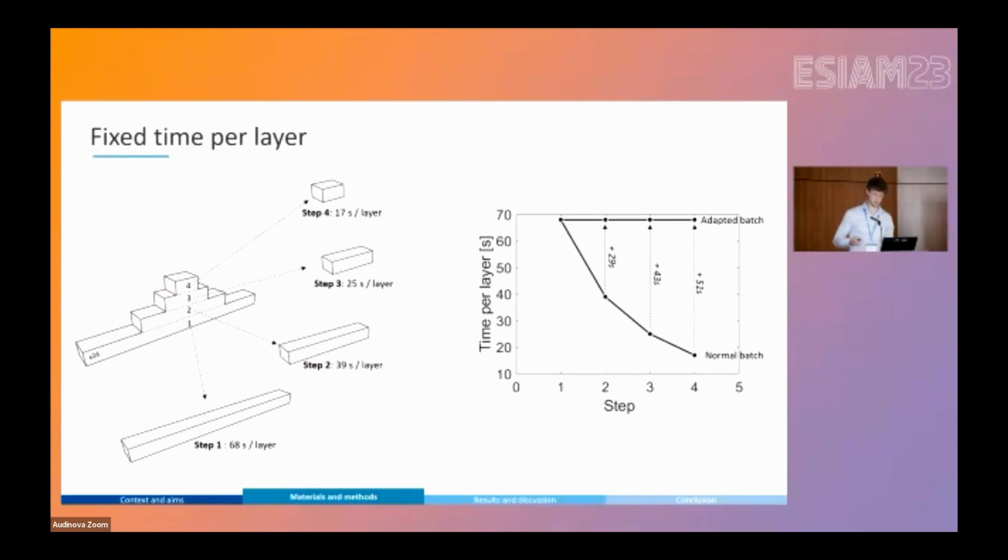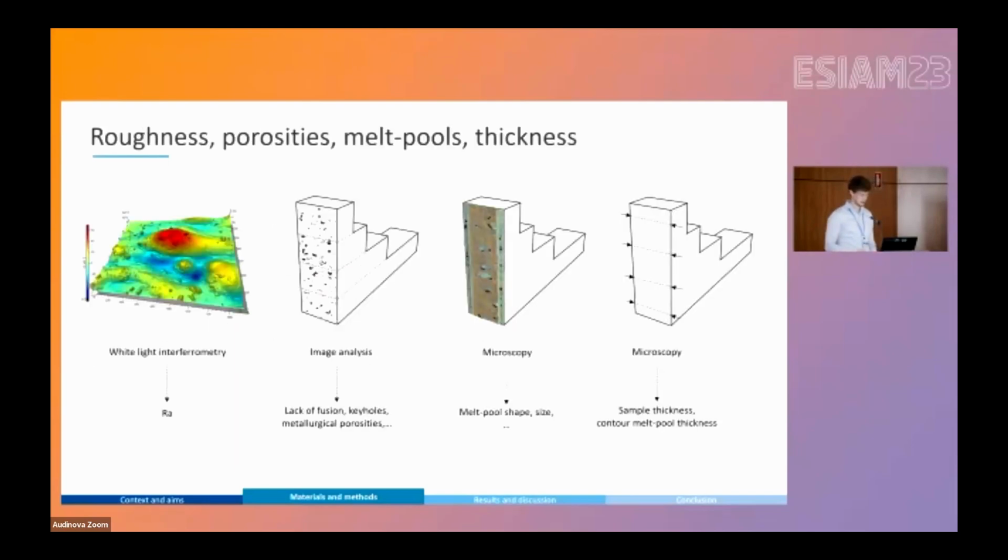And to avoid that, we also decided to print a similar batch, but with an adapted time, that's to say, a fixed time per layer. So you have here the time per layer of the normal batch. And of course, the time is decreasing because the surface to build is decreasing as well. And on the other batch, the time per layer is fixed.